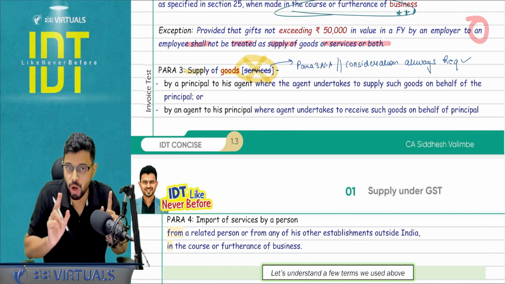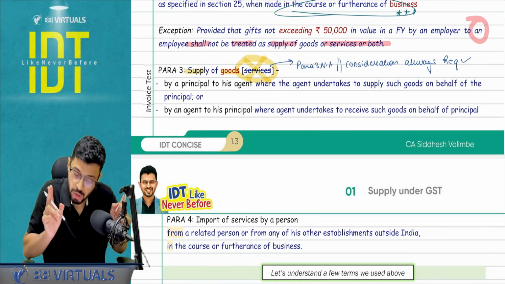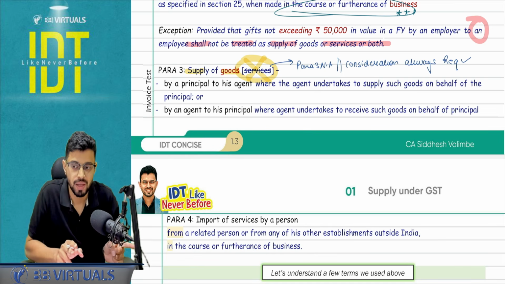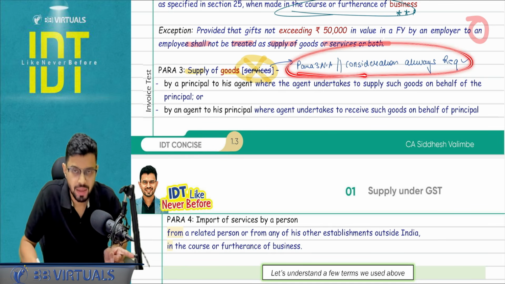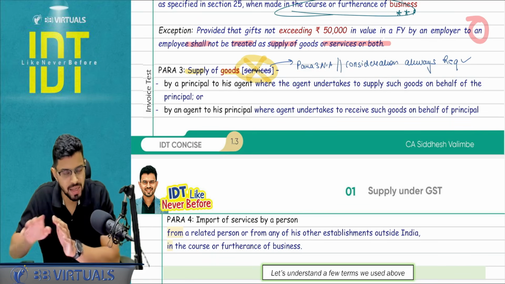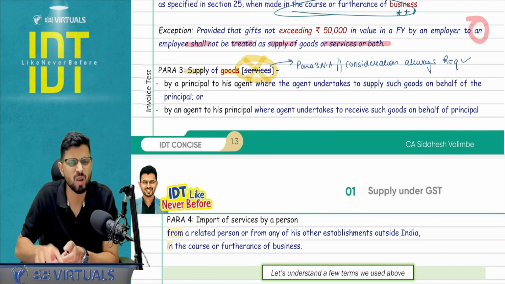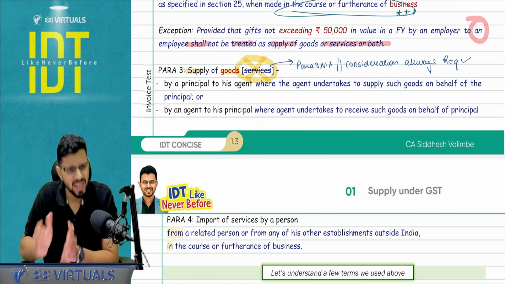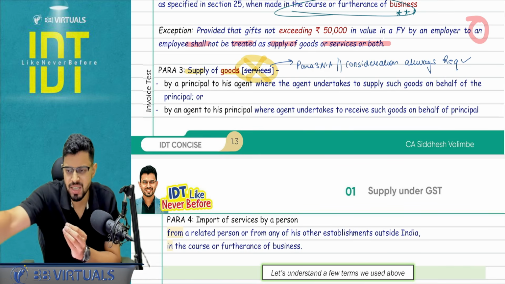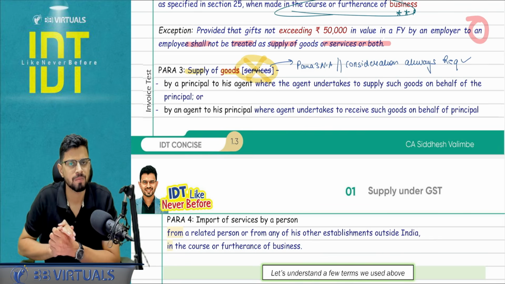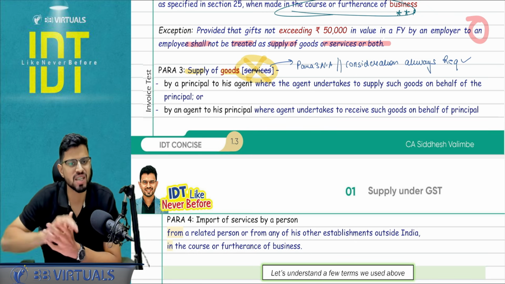I'm not talking about the normal sole agent. I'm not talking about the normal agent. Are you able to get this? Theoretically, you can state that para 3 here is not applicable. Hence, consideration is always required. But logic will also apply, no? Is it possible that I give my teaching services to my agent, let's say Sparisha, and the agent is giving the services further?